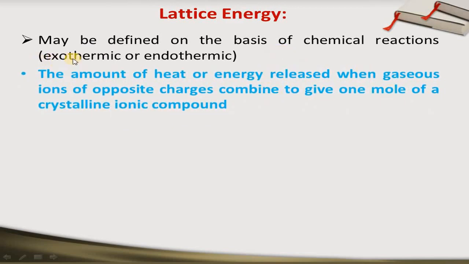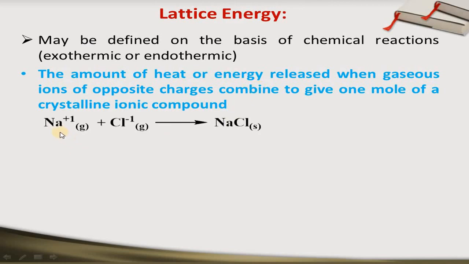In an exothermic reaction, energy is always released, while in an endothermic reaction, energy is absorbed. So, how can we define this lattice energy? The amount of energy or heat released when gaseous ions of opposite charges combine together to give 1 mole of a crystalline ionic compound.